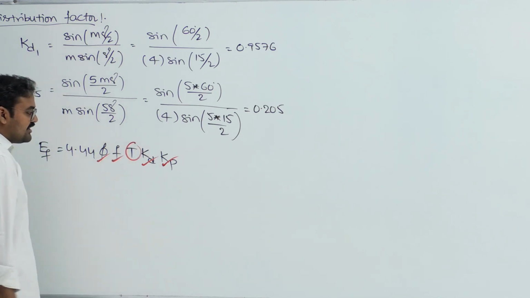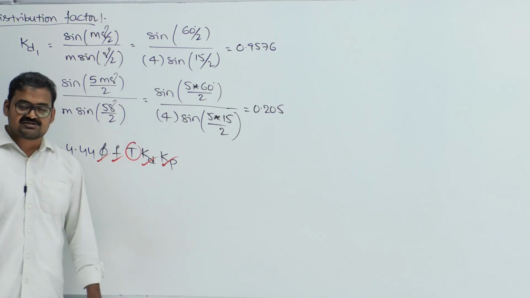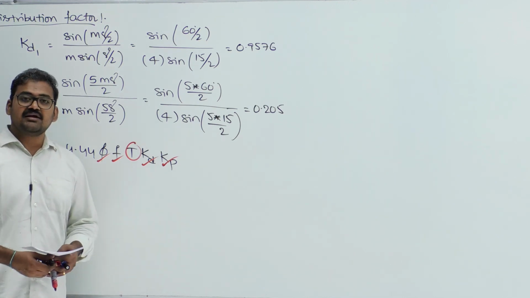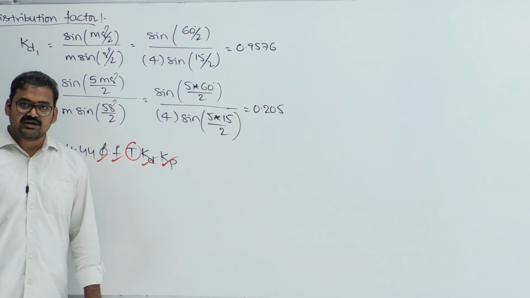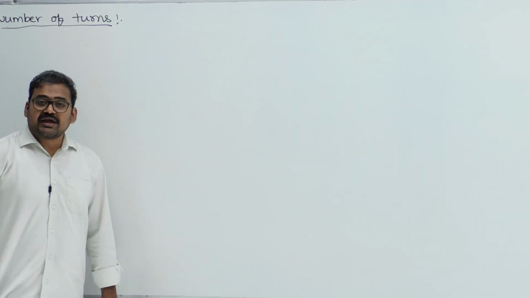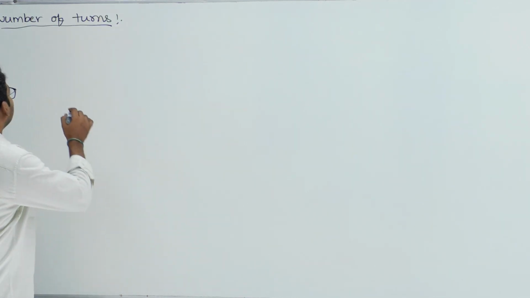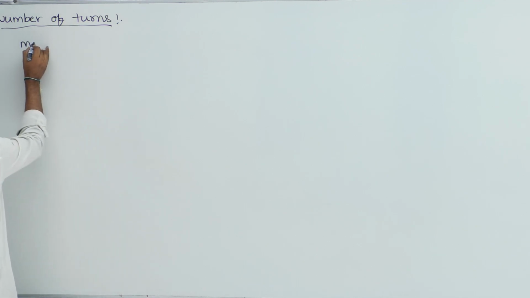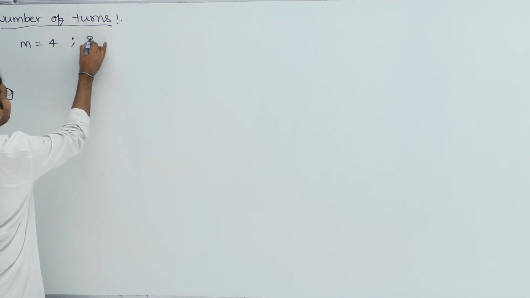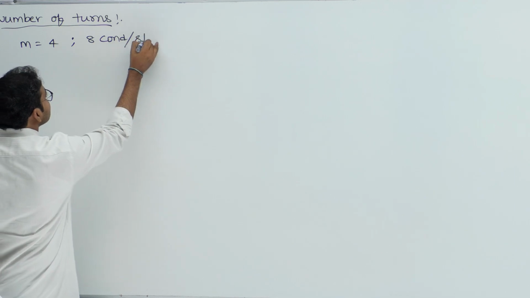The only unknown here is the number of turns per phase. Let us see how to calculate the number of turns per phase. To calculate the number of turns, what information is available? M value is available, 4, and they said 8 conductors per slot.